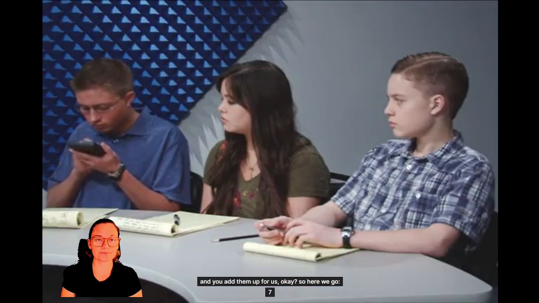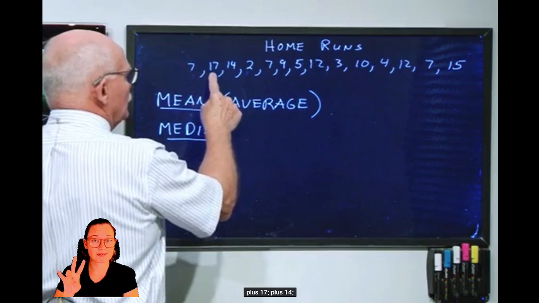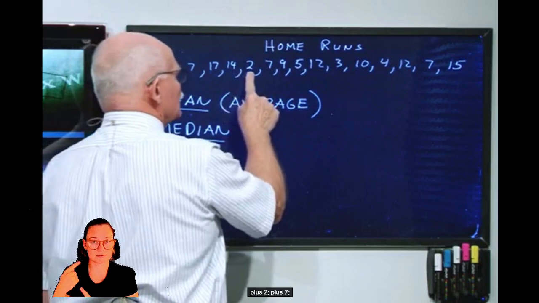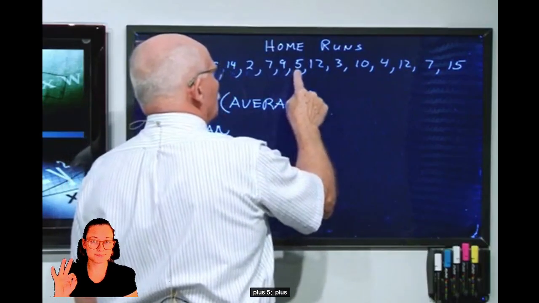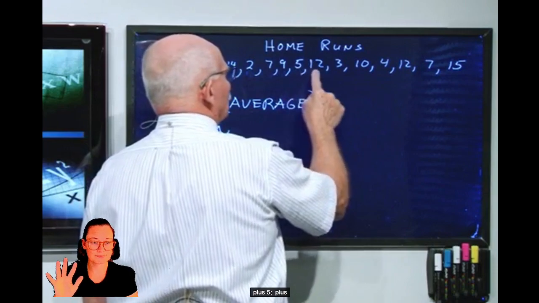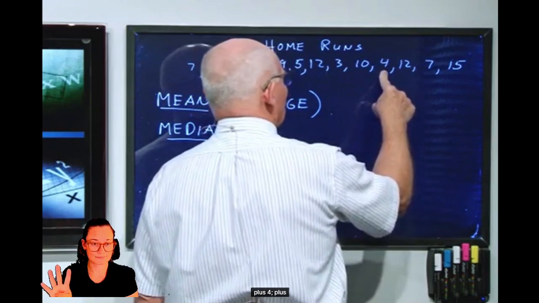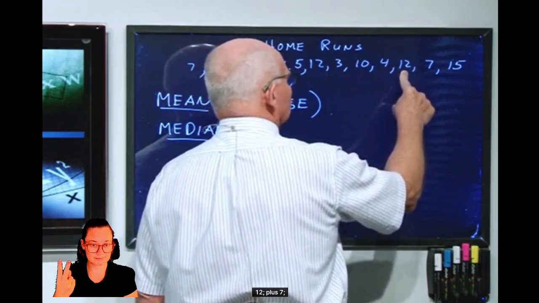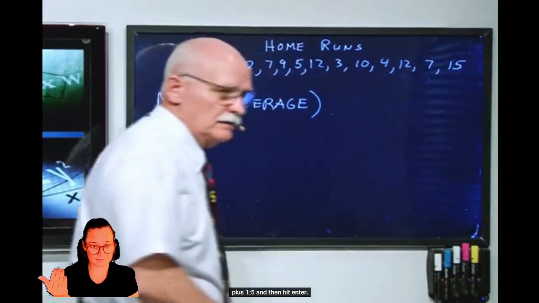So here we go, 7 plus 17 plus 14 plus 2 plus 7 plus 9 plus 5 plus 12 plus 3 plus 10 plus 4 plus 12 plus 7 plus 15.